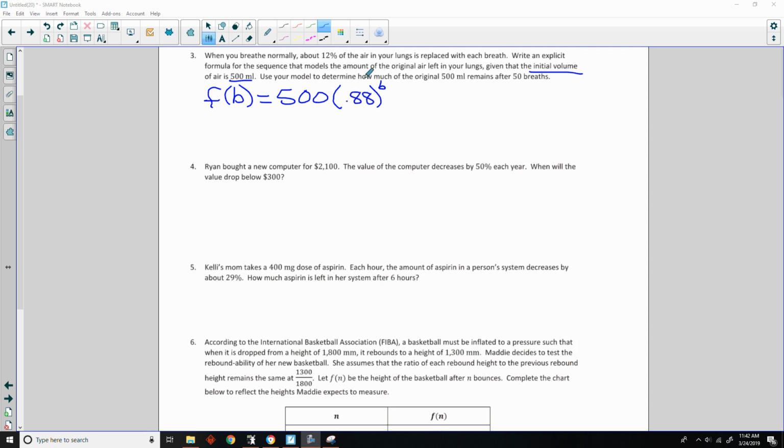Okay, so now what does it ask? Use your model to determine how much of the original 500 milliliters remains after 50 breaths. So we're looking for F of 50, which is 500 times 0.88 to the 50th power.